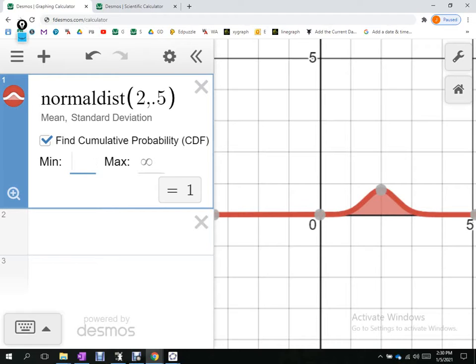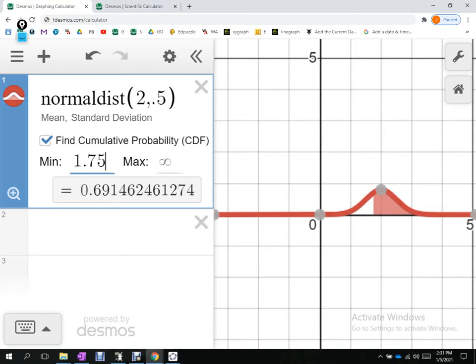So this is going to allow me to find a cumulative left tail, or a right tail. If I just say negative infinity up to, because mu is 2, let's go like 1.75 there, you can see where it shades in on that curve, right? If I wanted to go from 1.75 to positive infinity, I'll just delete this out here, and there you can see that it gives me the right side of the curve. Is that okay with everybody?